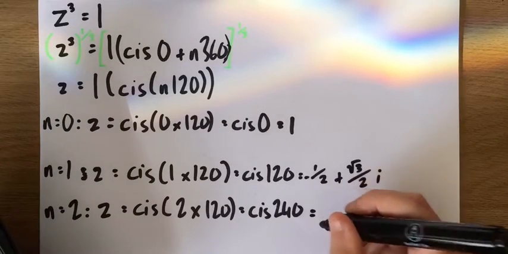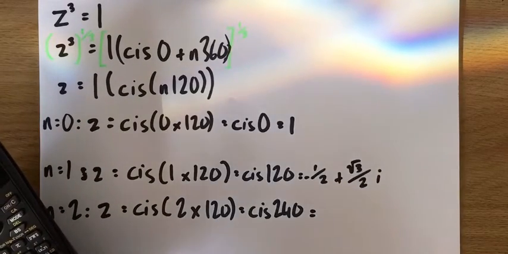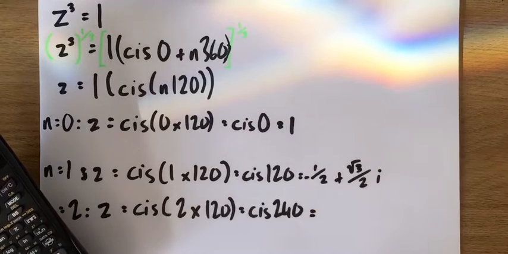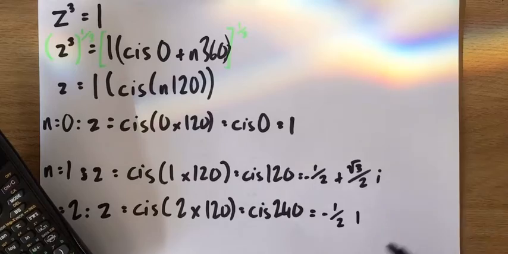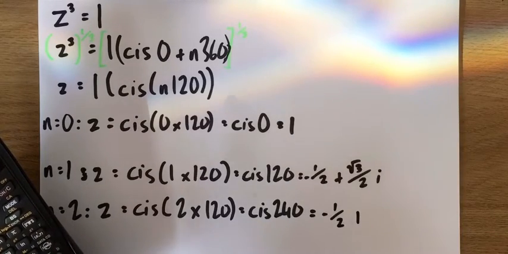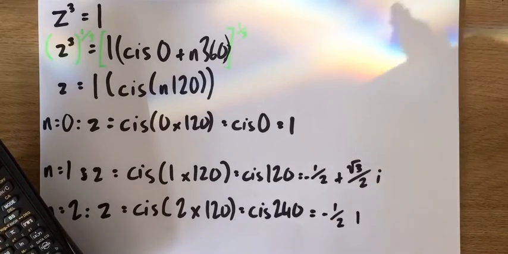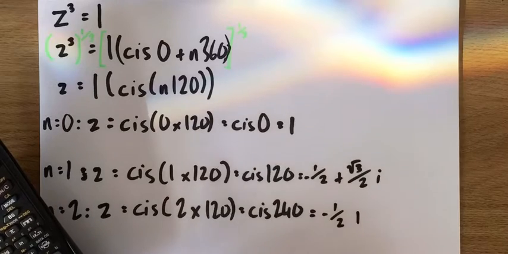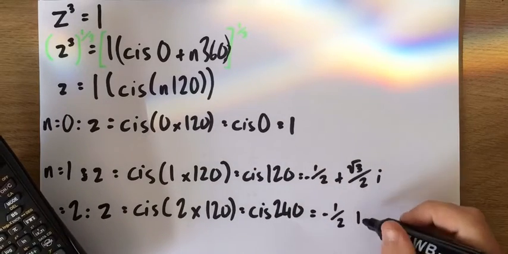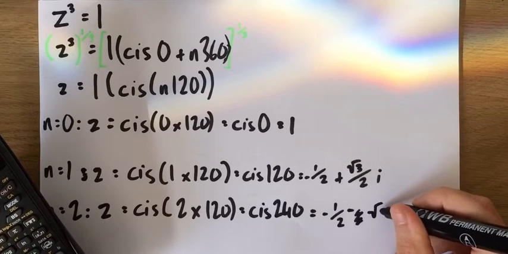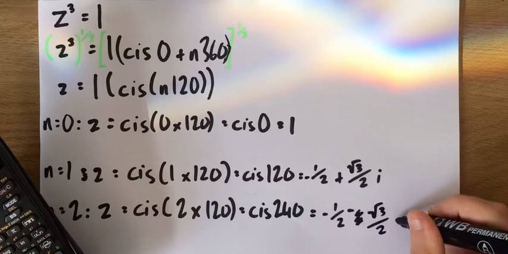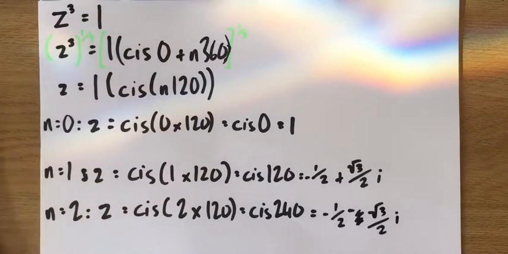The cis of 240 then is the cos of 240, which is again minus a half, and then the sine of 240 is minus root 3 over 2, so minus root 3 over 2 i. And there's my 3 solutions.